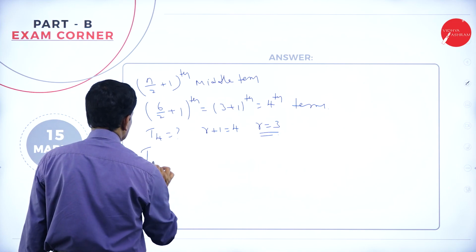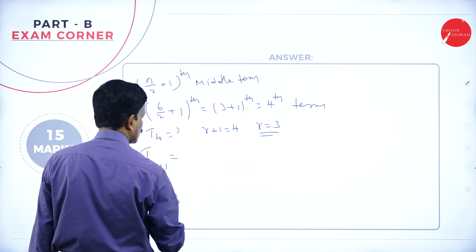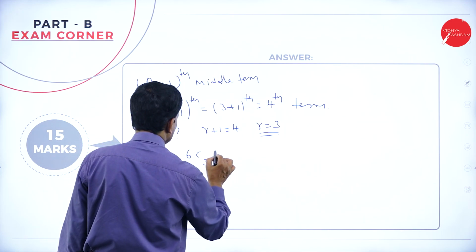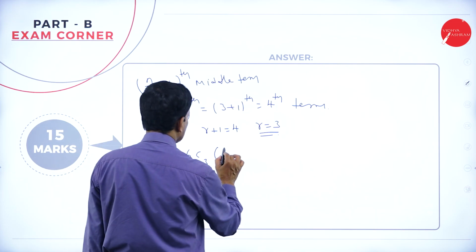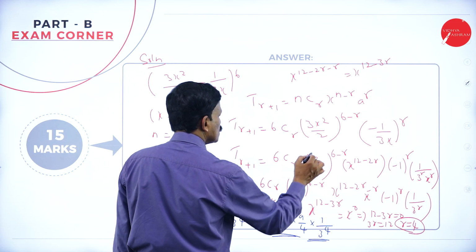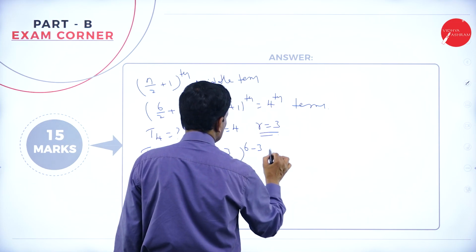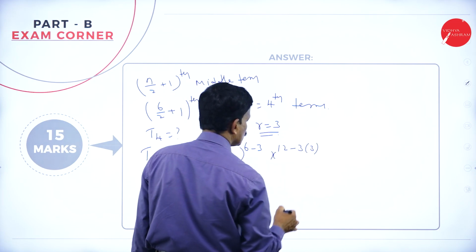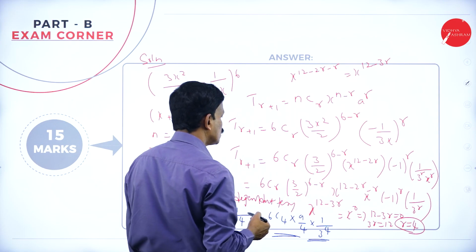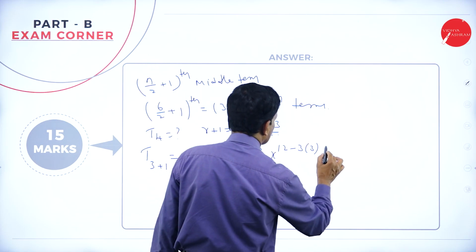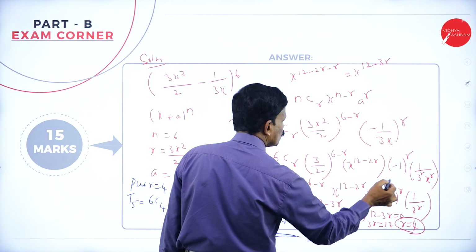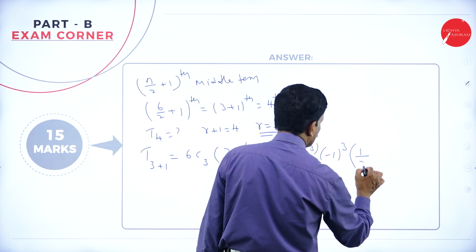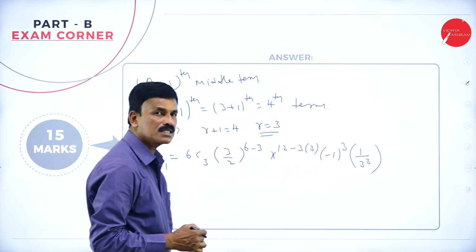If you put r is equal to 3, T(3+1) is equal to 6C3 (3/2)^(6-3) x^(12-3), into 3 minus r, and (-1)^3 into 1 over 3^3. That's it. This is the middle term.